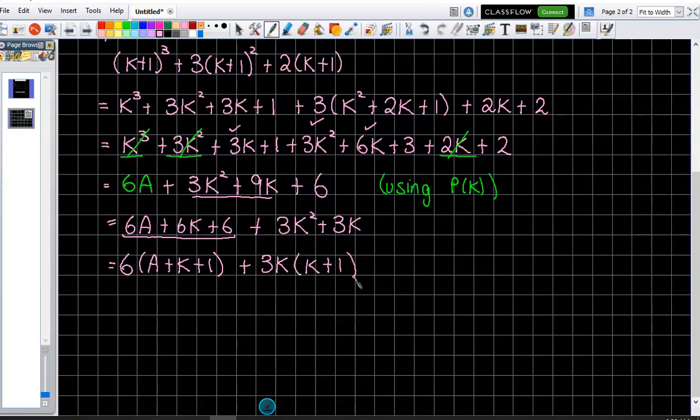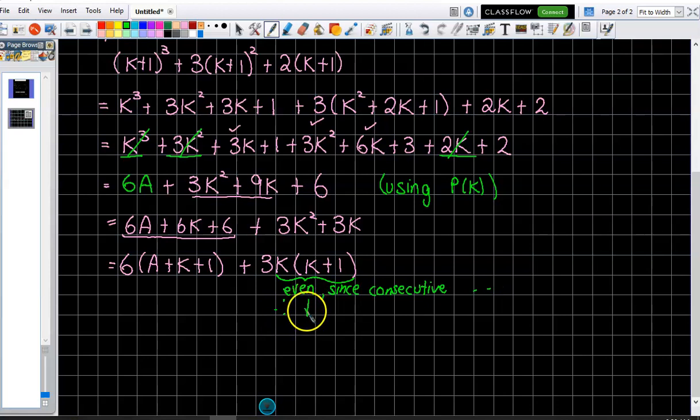Right, and what we can now say is that this has to be even, since consecutive numbers multiplied, right?